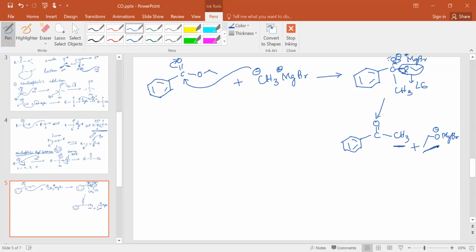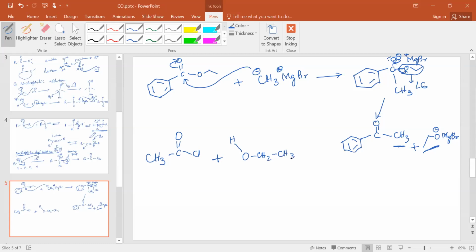Another example: suppose you have acetyl chloride, and you take an amine or ester, anything; let's take an alcohol, ethanol.